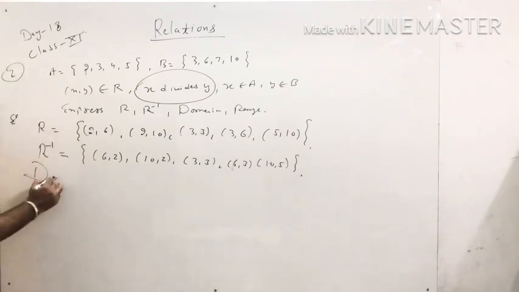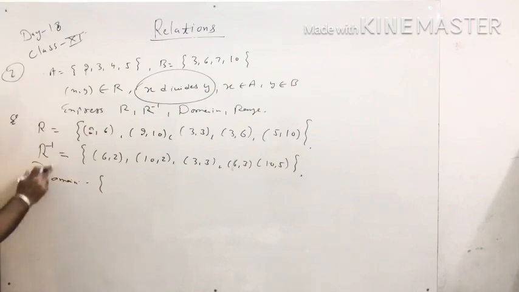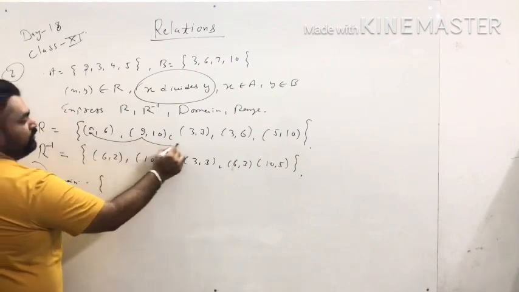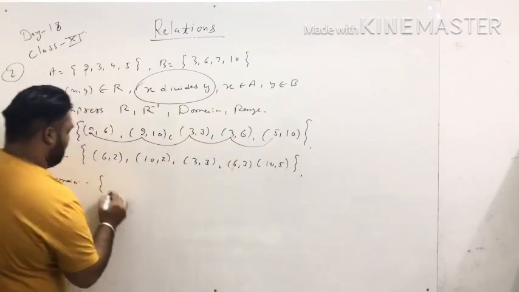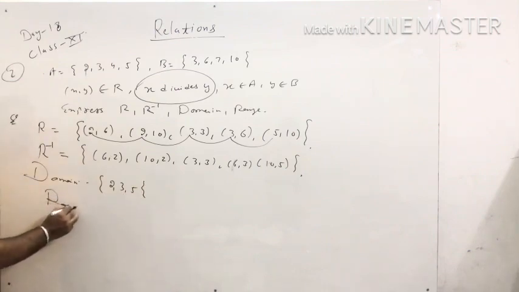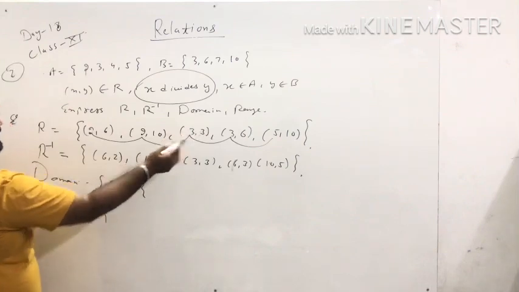Now we find domain. We will find domain from the relation R. Domain is the first elements: 2, 2, 3, 3, 5. So 2, 3, 5. Now what is range? Range is 6, 10, 3, 6, 10.